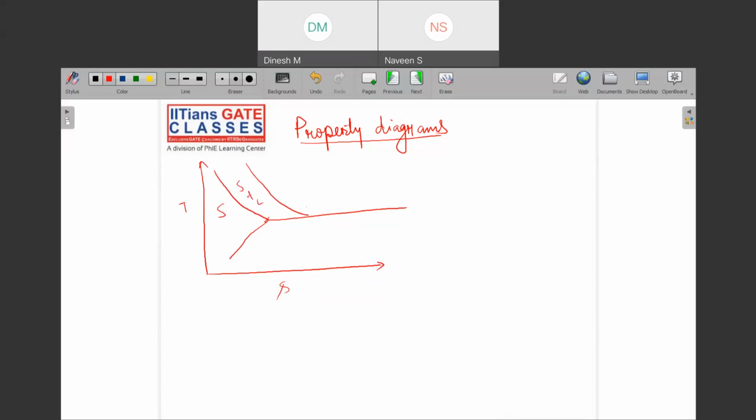And then we have liquid region. This diagram we have seen, right? So this is liquid region and this is vapor region. So this is liquid plus vapor region. And this becomes vapor region, right? So beyond this point, there is vapor only. So this dome is not continued till this point. Like, let me erase this one.